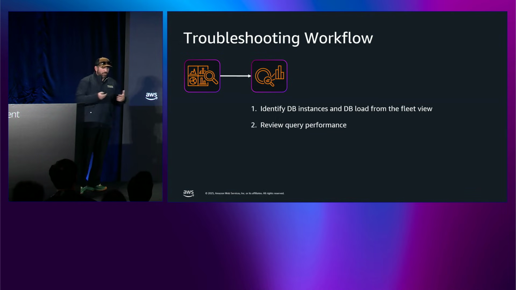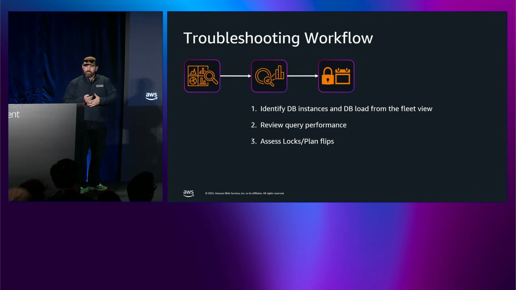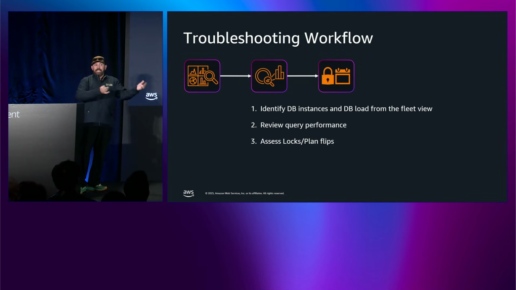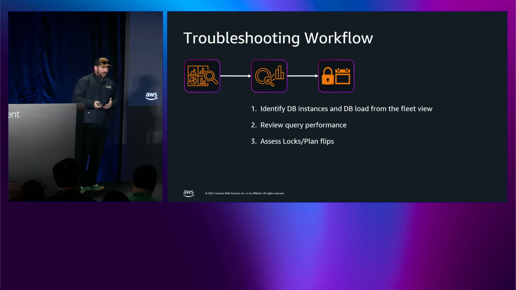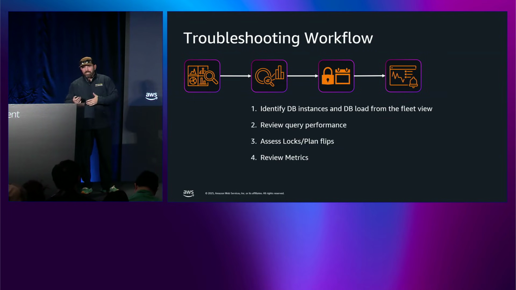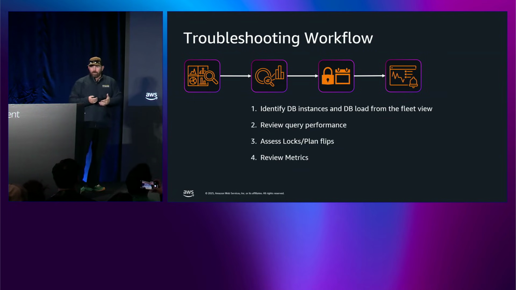From there, dive a little bit deeper. Look at the queries that are being run once you get to that instance view, and understand where the load is, if it's related to locks or execution plans changing, or what is potentially causing that, or if there is an initial, more upstream load that's occurring and you have to address that. And then from there, also review key metrics to help you understand what's going on.